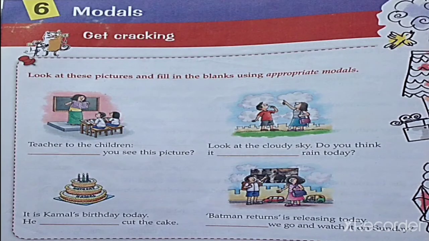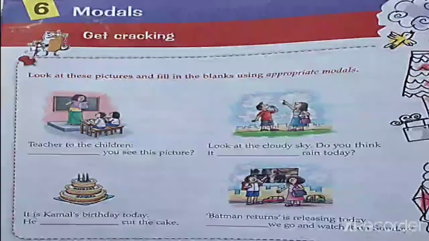If it's right, then I will tell you that all answers are correct. Or if they are wrong, then I will definitely write the correct answer so you can copy. So students, first listen to my explanation very clearly so you can easily get the answers of these 4 questions.